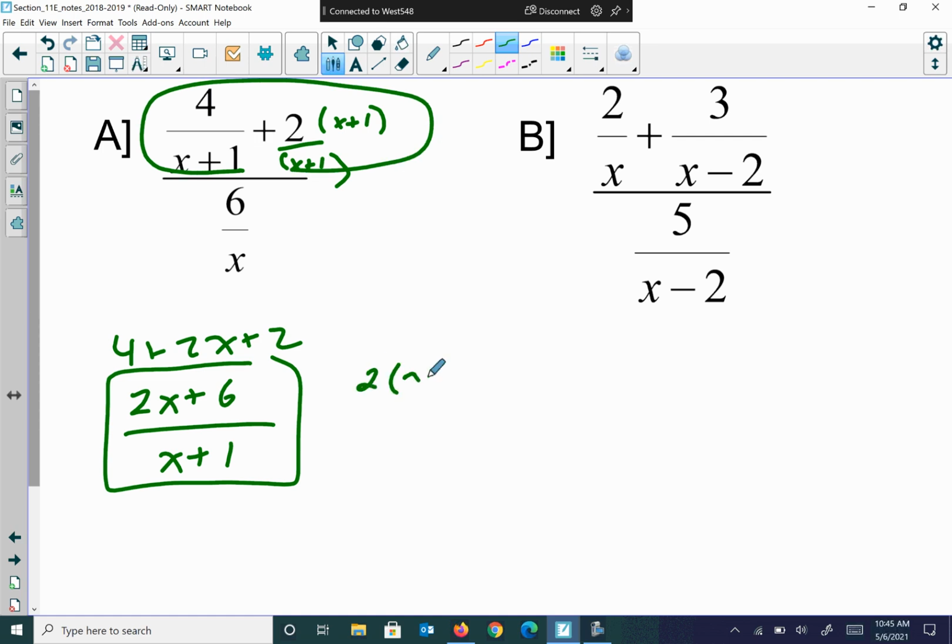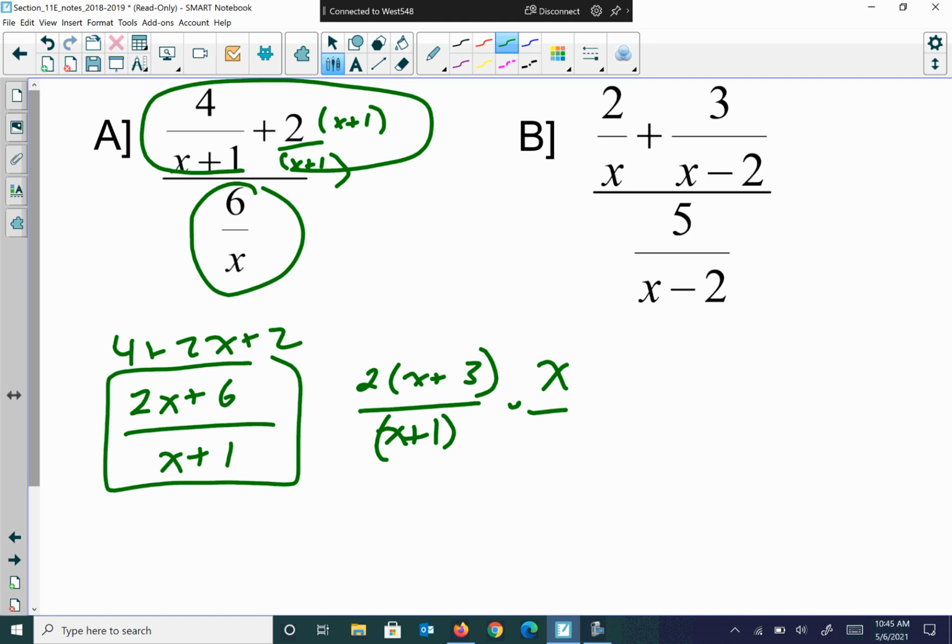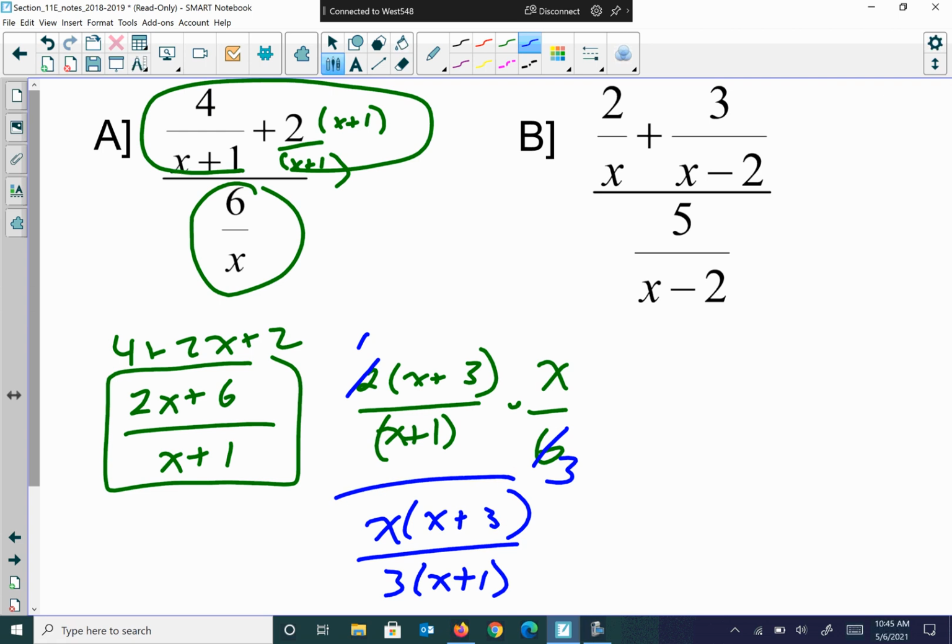So 2 times x plus 3 over x plus 1 times the reciprocal of that. I feel comfortable about that problem. I think I'll have a problem like that on the quiz.